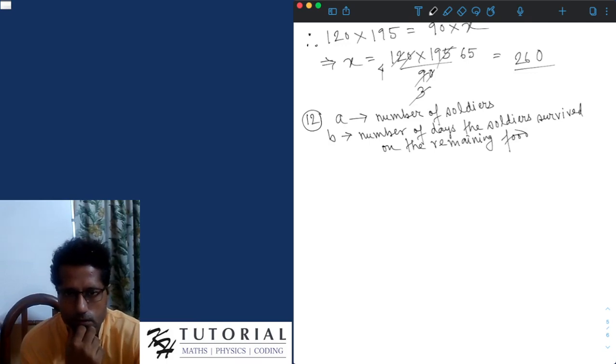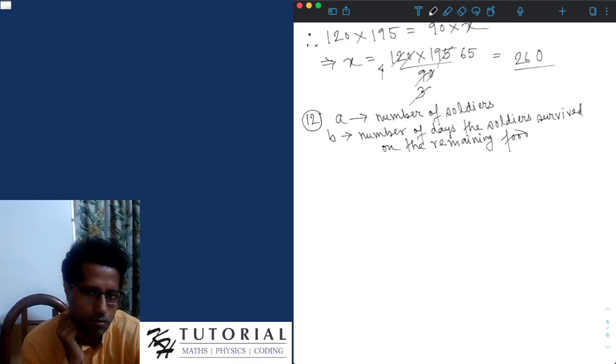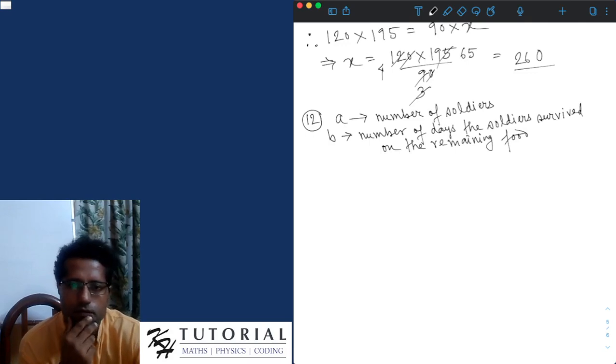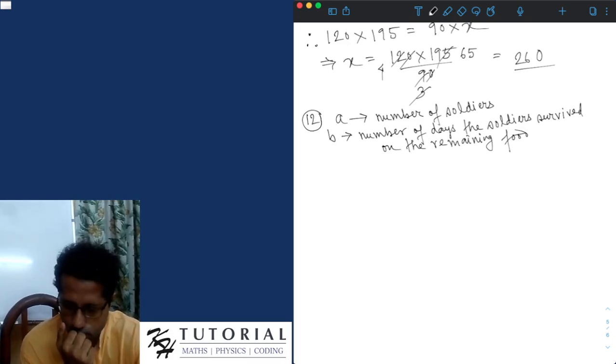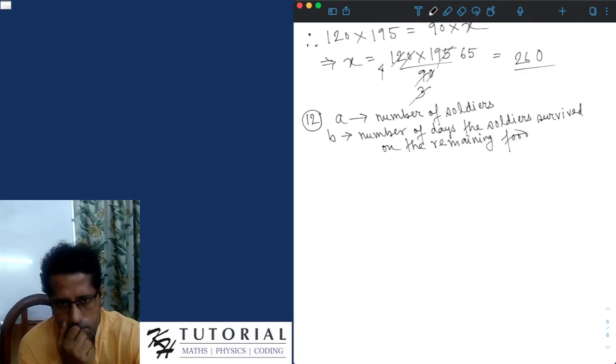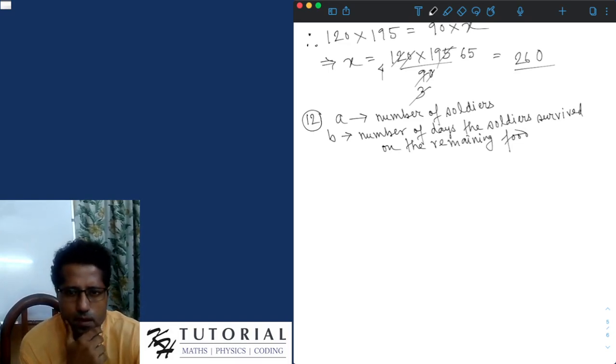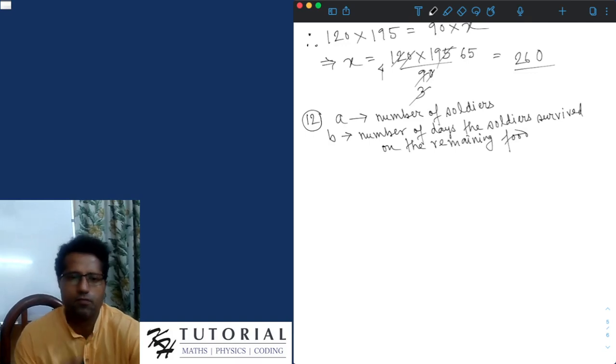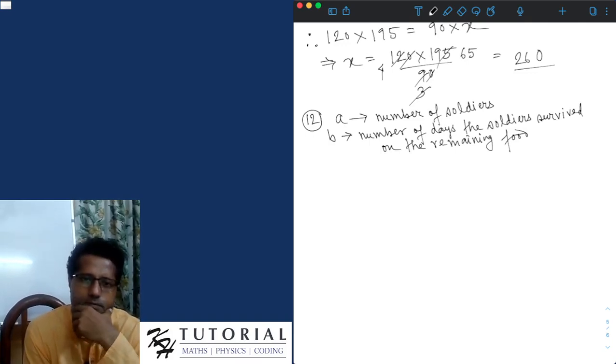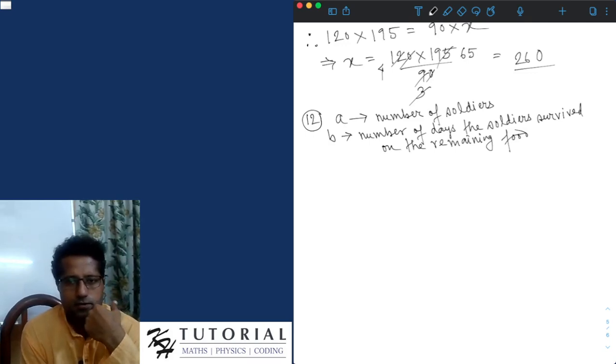After 4 days, some soldiers were transferred to another fort, and thus the food lasted for an extra 32 days. These 32 days, is it after 4 days, or is it the total number of days?